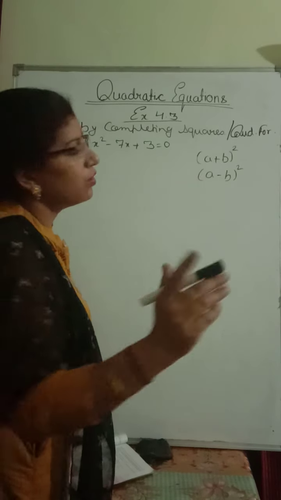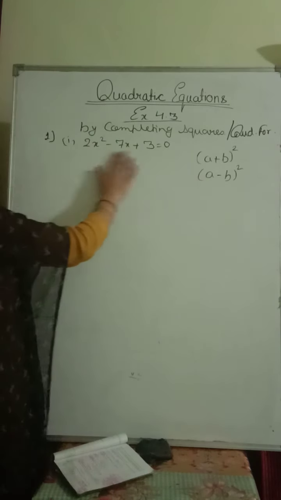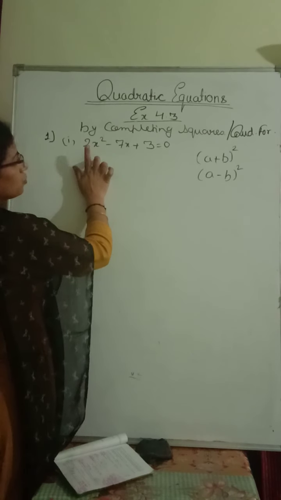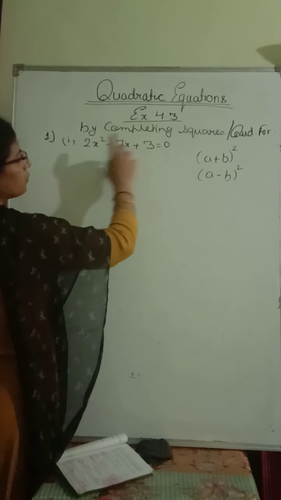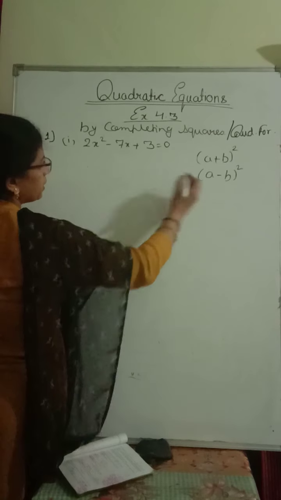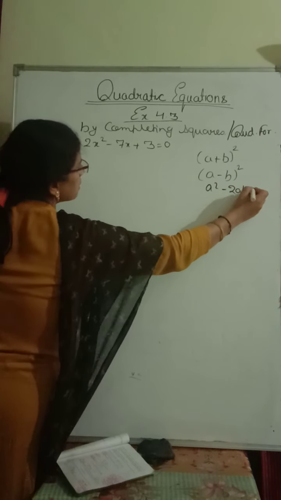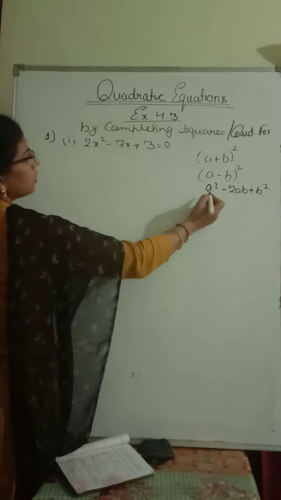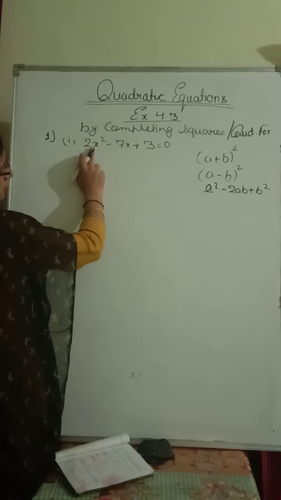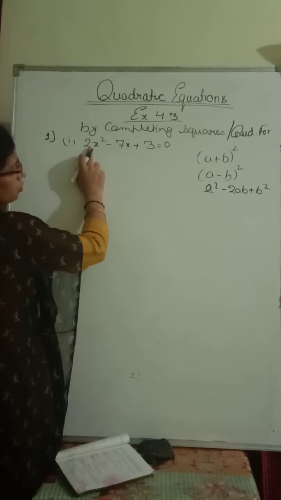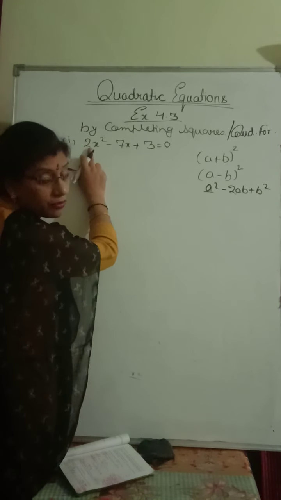So now let us see. Very first, the first term should be a square. The formula is a square minus 2ab plus b square. So we need a square, but here we have 2, and 2 we cannot write in whole square form.